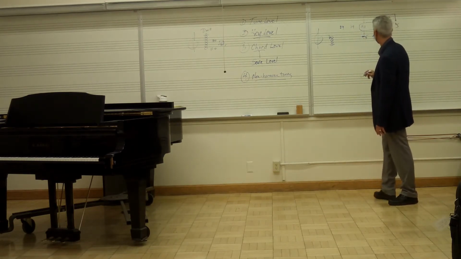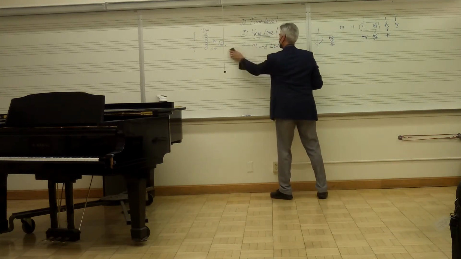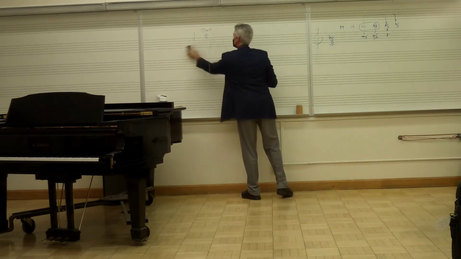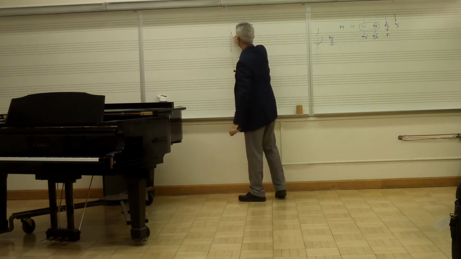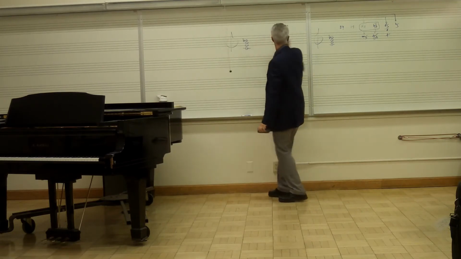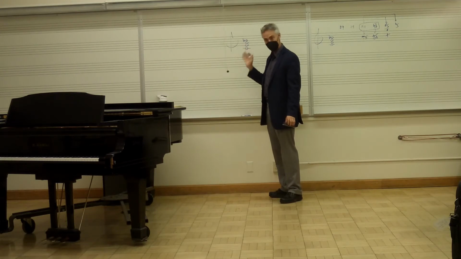All right. So let's move over here. So, one of the rules is that anytime you have a sharp 9, you're gonna have a flat 9, and vice versa.